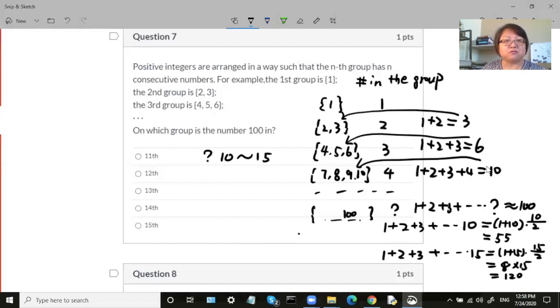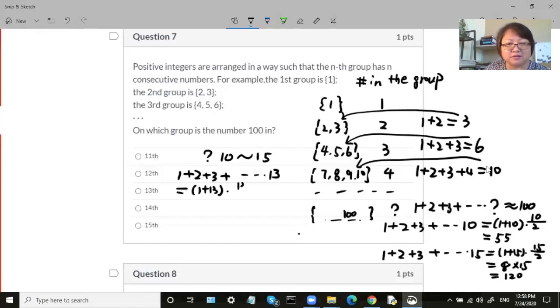Okay, so let's try maybe 13. That equals 1 plus 13, times 13, divided by 2. So 7 times 13, which is 91. The 13th group is already very close.